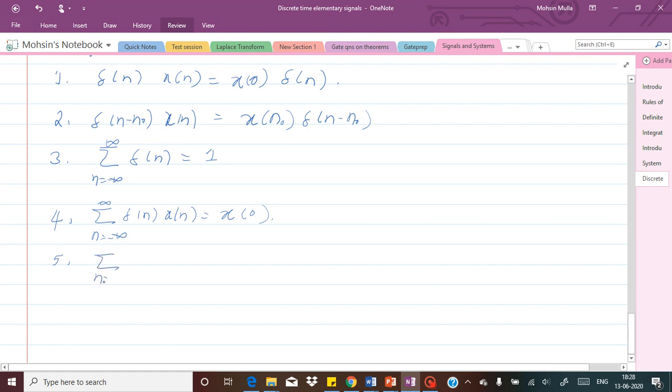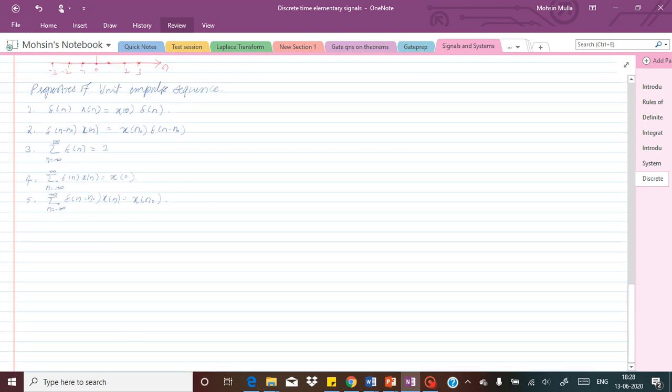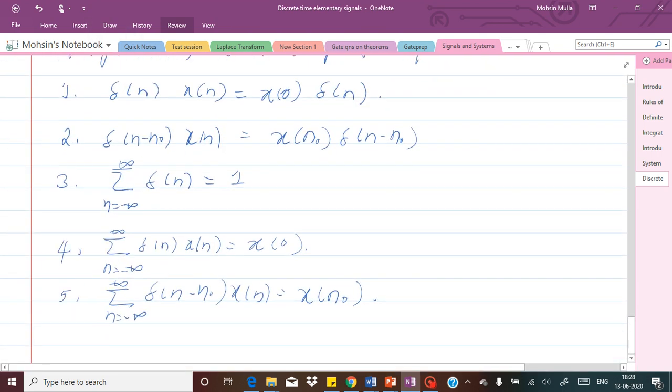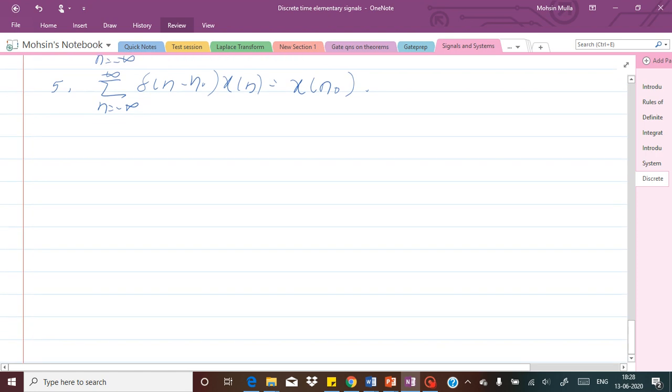Similarly, if the summation of del of n minus n naught into x of n is done, in that case we will get x of n naught. Then the sixth property is that the unit step sequence u of n can be obtained by adding and shifting the del of n, that is del of n plus del of n minus 1 plus del of n minus 2 plus so on.